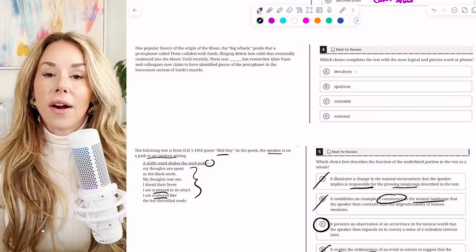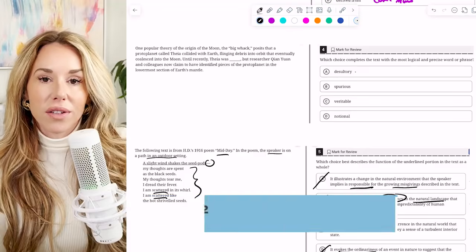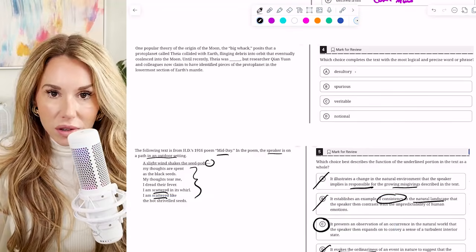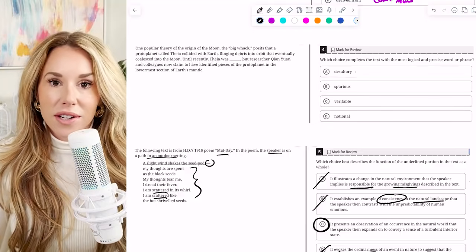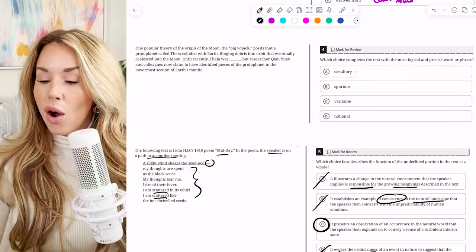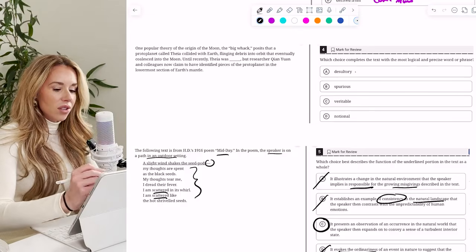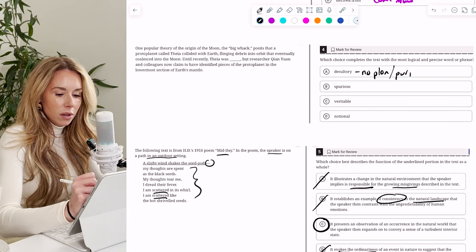Let's go to 4. All right, when you're on vocab on module 2, there's going to be some words you likely don't recognize. So what you're going to want to do is put these words on a Google Doc or in a notebook. Look up their definitions and know them, because words on the SAT have a tendency to repeat. So desultory basically means there's no plan or purpose.